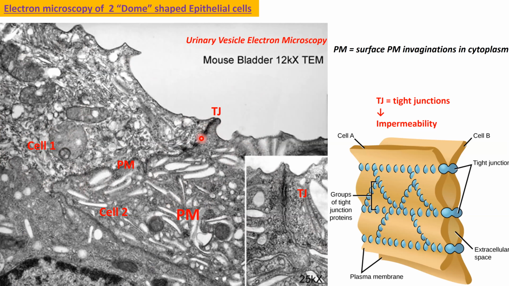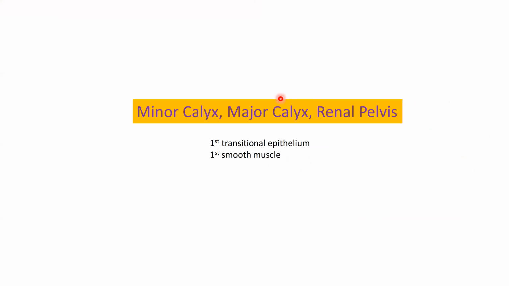But the point is that there has to be a tight junction at the lumen where the urine is, because this organ is designed to be impermeable so that the urine cannot leak out from the lumen between the epithelial cells into the lamina propria and then further down into the muscle layer. And here's another magnified tight junction. So what is happening here? Storage and stoppage of leakage, causing impermeability.